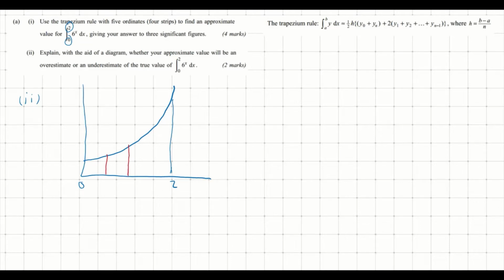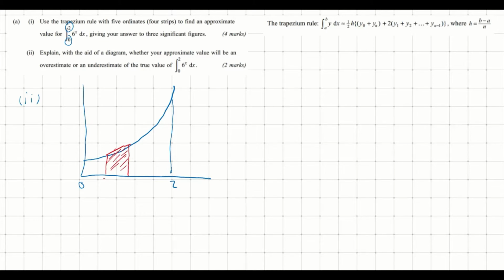And if you draw this trapezium, the red line there is meant to be a straight line. Well, that straight line, because of the shape of the curve, lies above the curve. So this area of the red trapezium is more than the area under the curve.